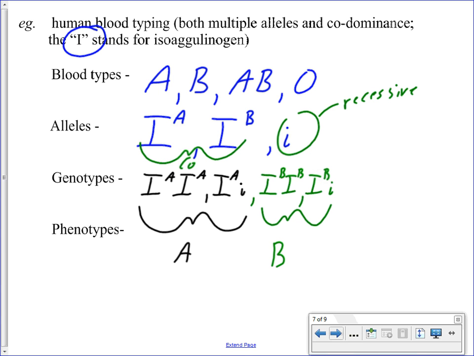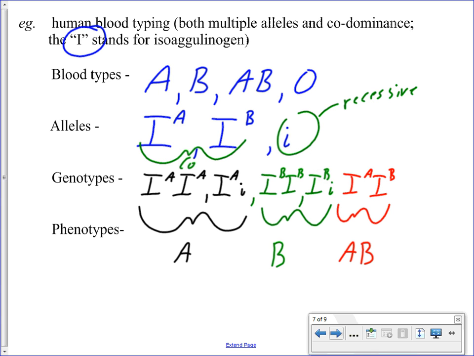The next one, if we take the IA and the IB, this is the one that's going to show the codominance. So this is not a blending, it's not a dominant recessive relationship, this is codominance. So both the information for the IA and the IB is going to be expressed on the surface of red blood cells, and these are the individuals that have blood type AB.